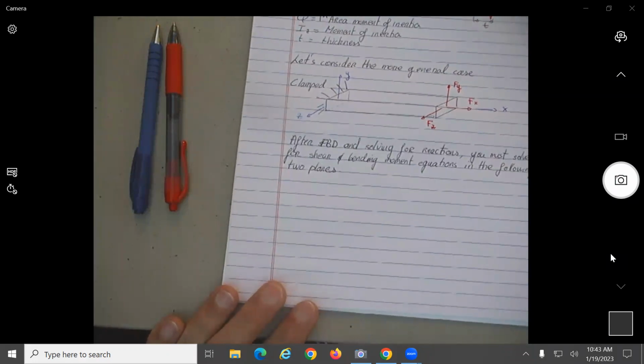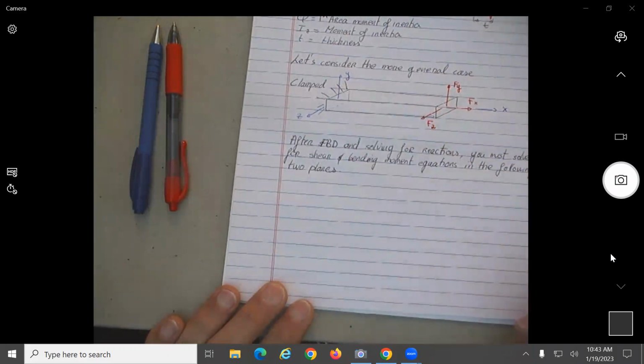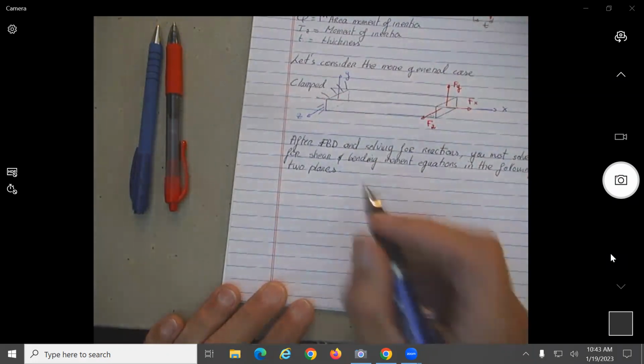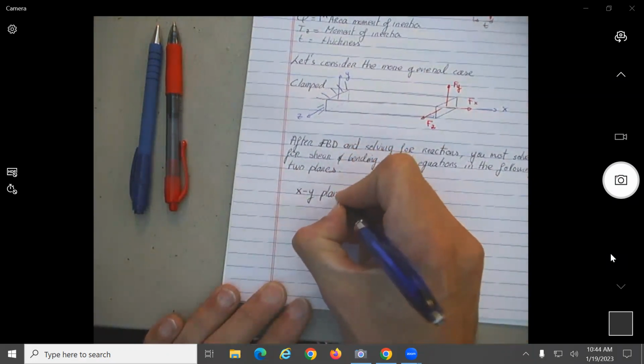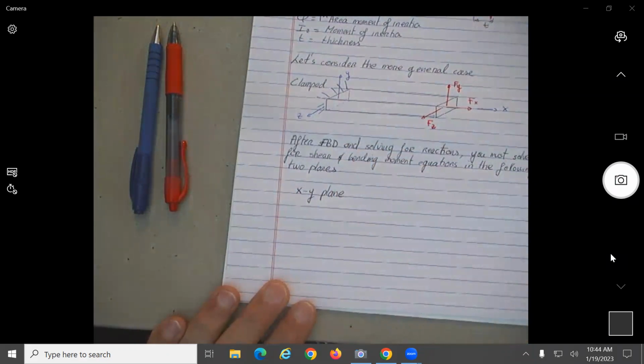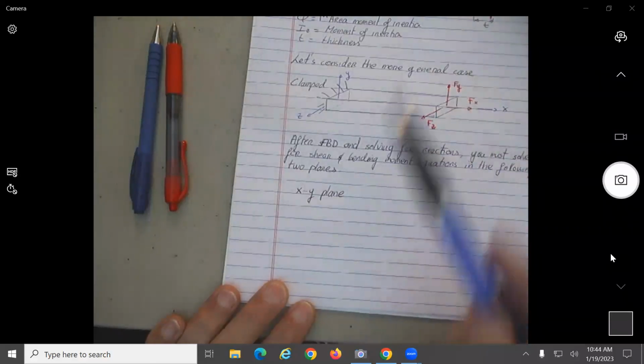So basically, why am I talking about two planes? Because you're going to have bending about which plane? About the XY plane, no? Moving up and down. So if you look at the XY plane, this time we're looking at the bending up and down, no?